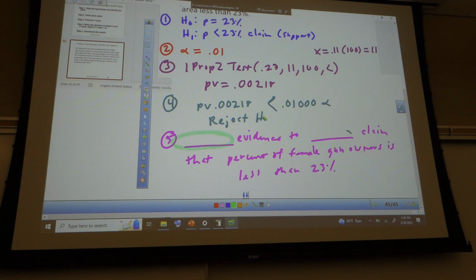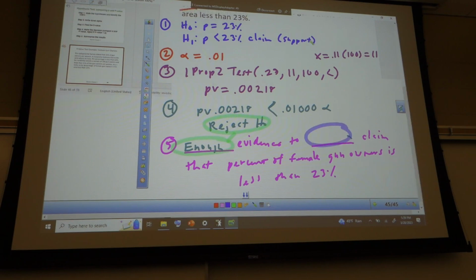Now, these pieces here get filled as follows. This one comes from this one. If I reject H naught, that means I have enough evidence. This one here comes from step 1, support.